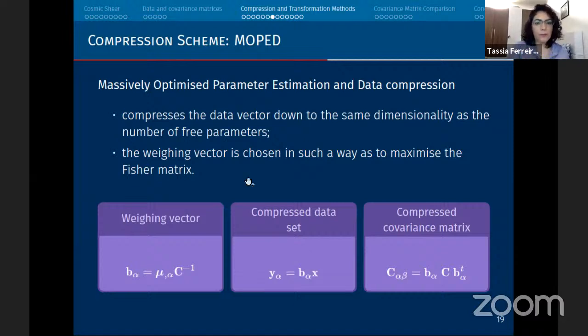But if your covariance matrix is Gaussian, this method is said to be lossless, because the Fisher information matrix will be the same for the compressed and the full covariance matrix. Okay, thank you. That's impressive. Thank you.